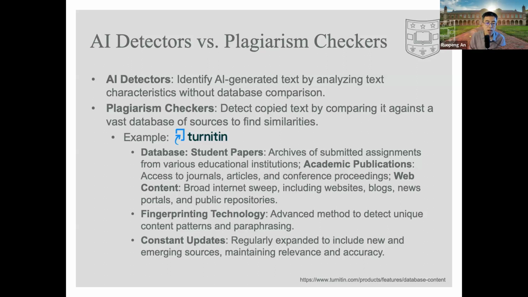It also utilizes fingerprinting technology to detect unique content patterns and paraphrasing. And of course, the database is constantly updated to maintain relevance and accuracy. So here I would say it is critical for us to be able to differentiate the AI detection tools versus the plagiarism checkers. Both may use AI technology, but the aims differ to some extent.